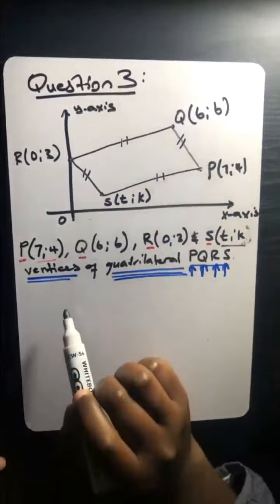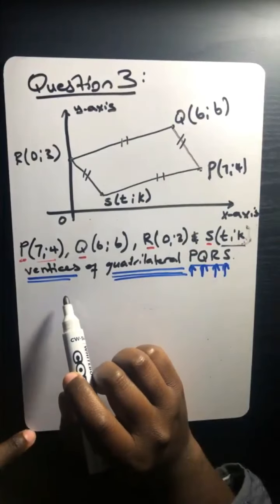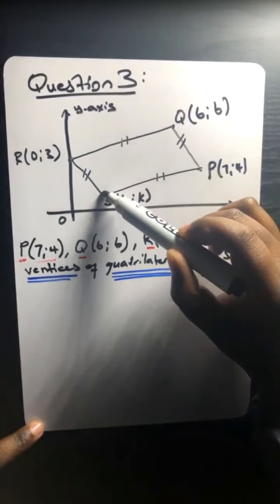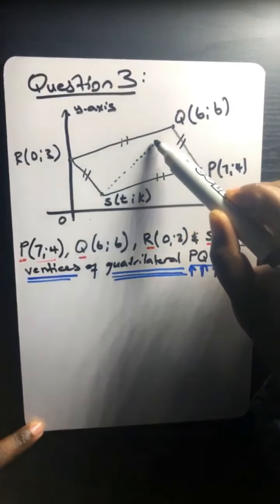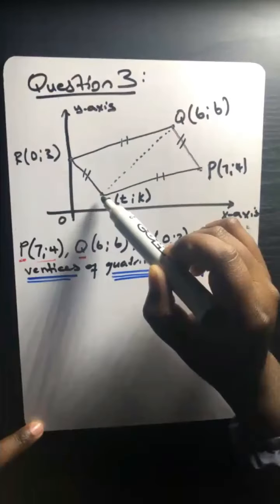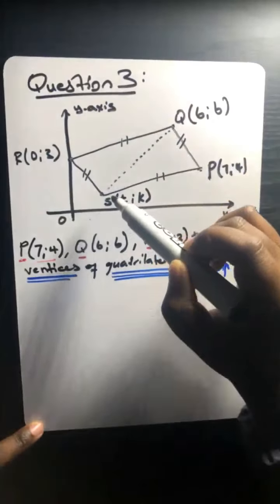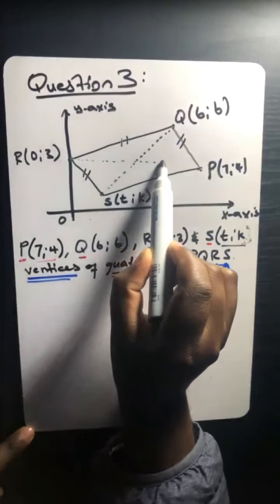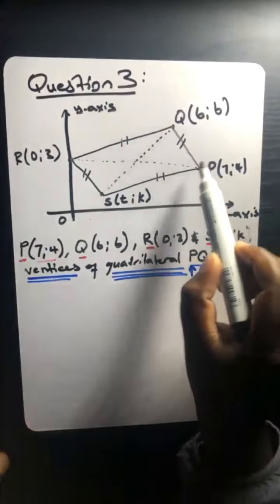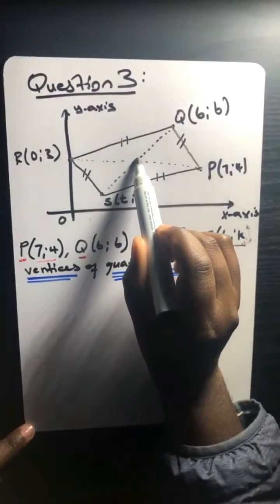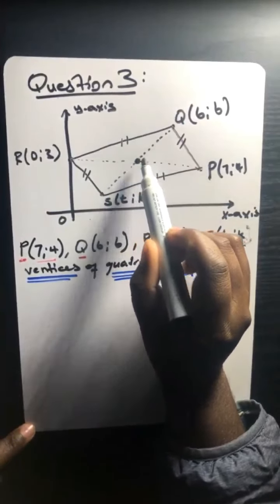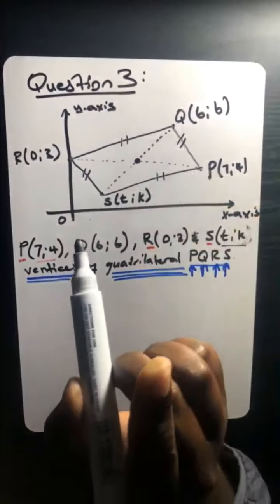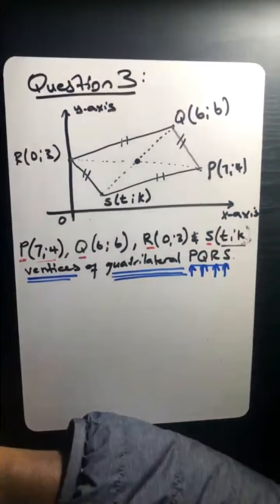Most important, ladies and gentlemen, when you draw a straight line connecting these 2 points, and you also connect the line connecting these 2 points, that crossing point is the midpoint of this line and that line. Those are the characteristics of a quadrilateral.